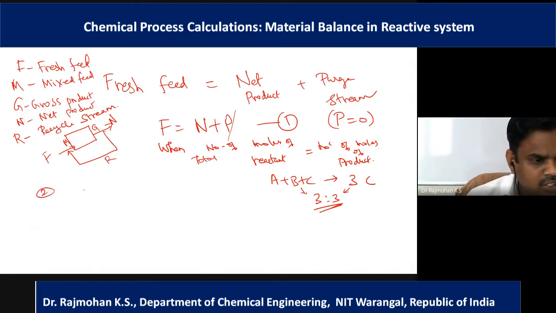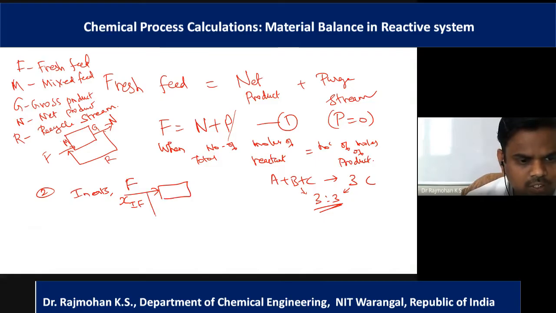The second thing I told is, if there is a purge stream, inert is present in the system. Let XIF be the mole fraction of inerts present in the feed. Then the mole fraction of inerts in the purge stream will be the same.